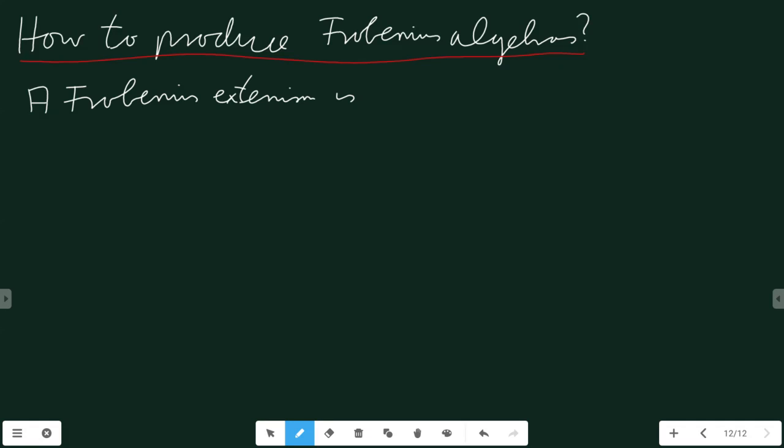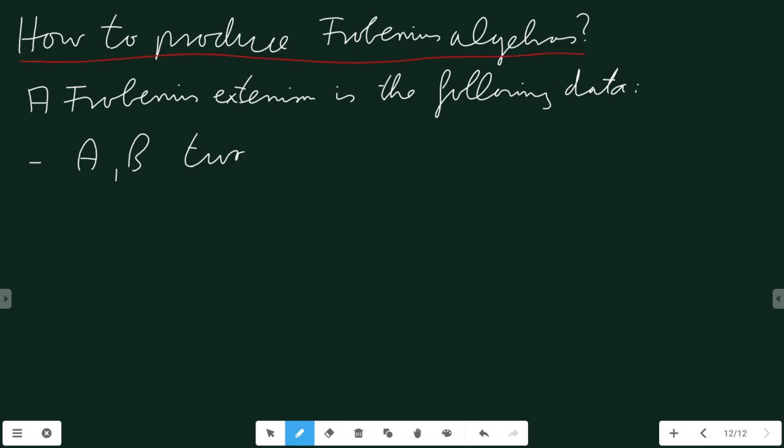So a Frobenius extension is the following data. All I need are two rings, A and B, two commutative rings. So anything you can imagine, any commutative ring, integers.